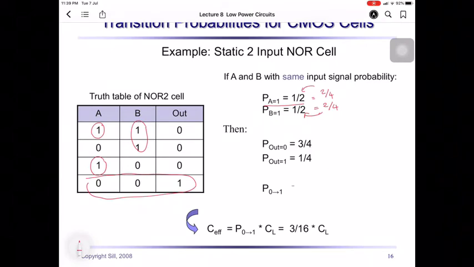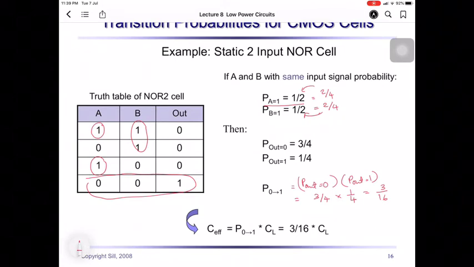So here the probability transition from 0 to 1 is actually P out equals to 0 multiplied by P out equals to 1, which is actually 3 over 4 times 1 over 4. So it is actually 3 over 16.